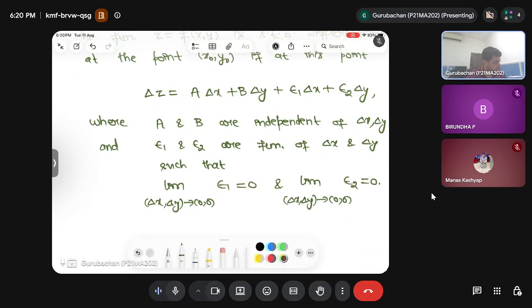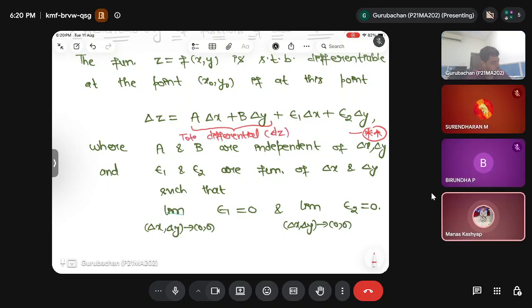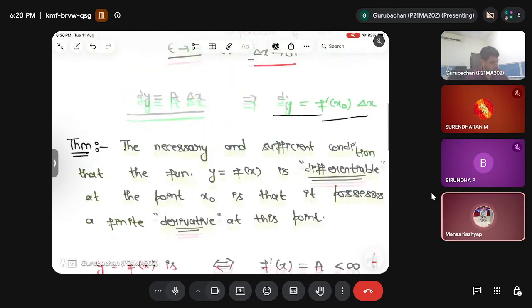So similar to the previous one, here what will be the differential? This part is called the total differential, dz. A is the partial derivative with respect to x and b is the partial derivative with respect to y. Correct.